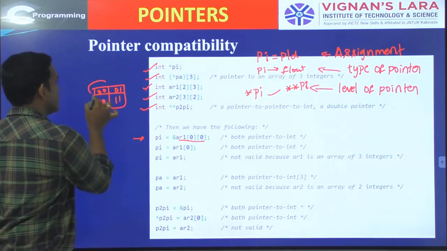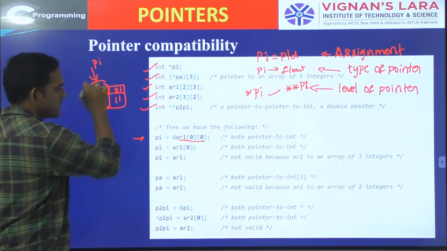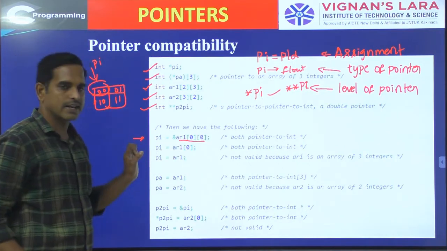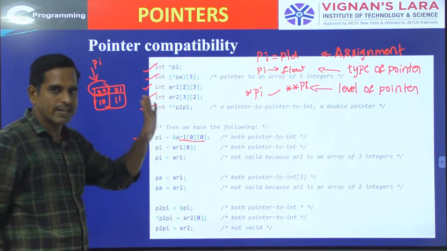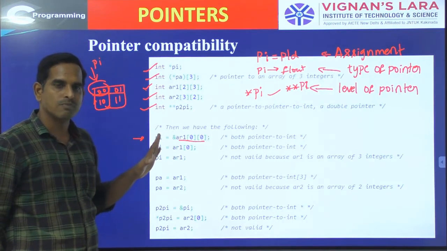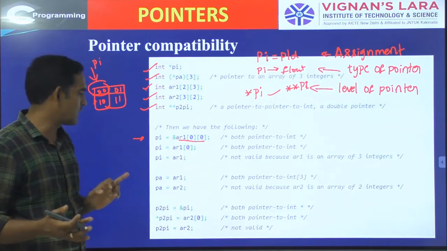So your pointer can point to a two-dimensional array since it is an integer pointer. Next, Pi can point to a one-dimensional array value as well.